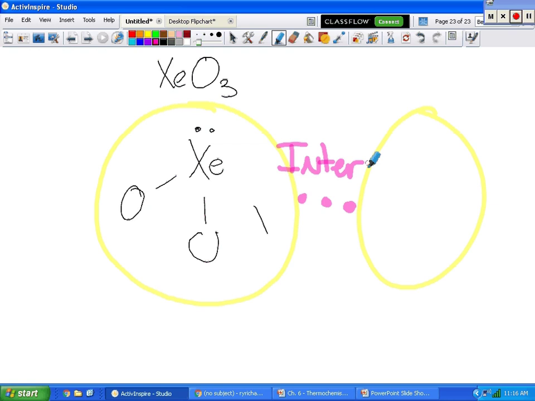We've always called them bonds. But some people refer to them as another type of IMF. And it's not inter, it's what? Intra. Because intra means within the molecule itself. So that's what all of those lines would become. Now, I prefer the term bonds and intermolecular forces because it would be easy to confuse intramolecular versus intermolecular.